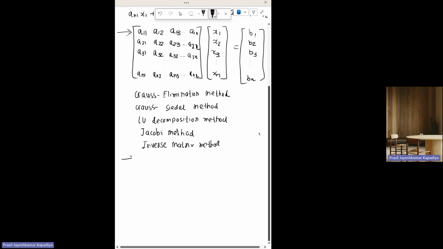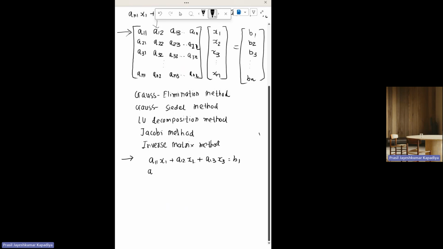Let's say I have three equations, a11 x1 plus a12 x2 plus a13 x3 is equal to b1, my first equation. Why I'm writing 11, that represents first row, first column. a12 meaning first row and this is my second column. Like that I'm writing the names of the coefficients.